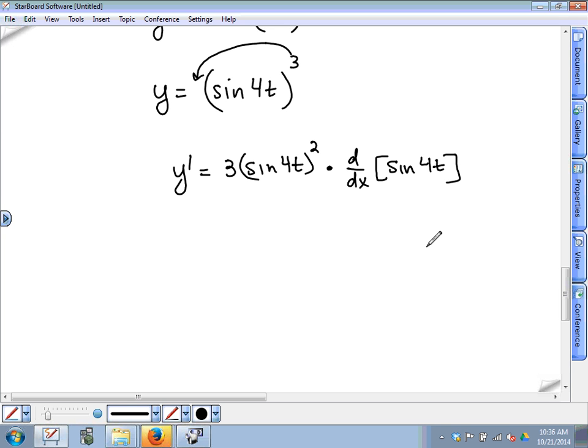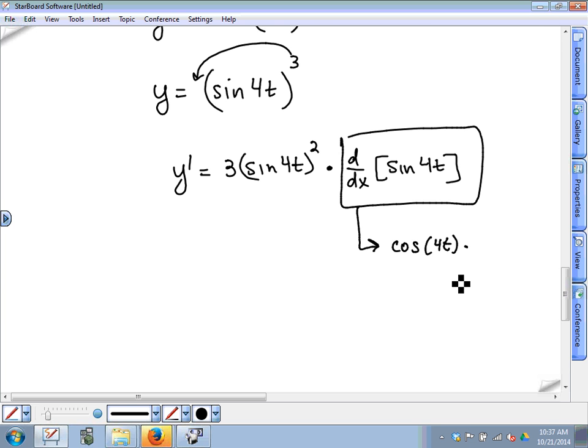What do we have to do to find this derivative? Isn't this an inner and an outer function? So let's do the derivative of the sine first. Cosine, so this is going to be cosine 4t. So this part right here equals the cosine of 4t, but now we've got to multiply that by the derivative of the inner function, times 4.